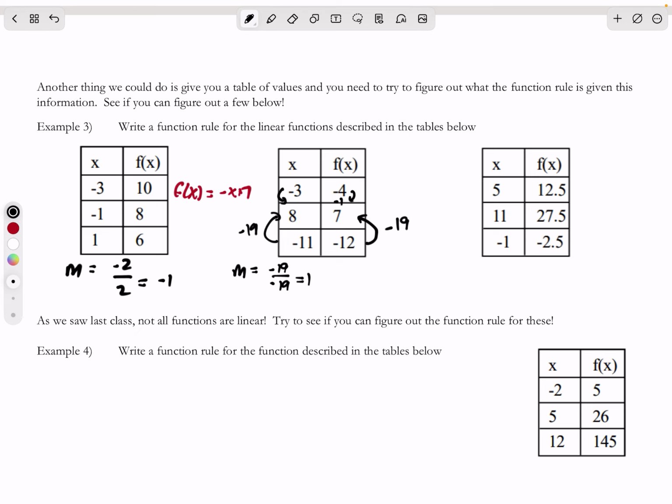That's a way of doing it without using algebra. You could just say f of x is the slope times x, which is 1x, and then minus 1, because that's the y-intercept.